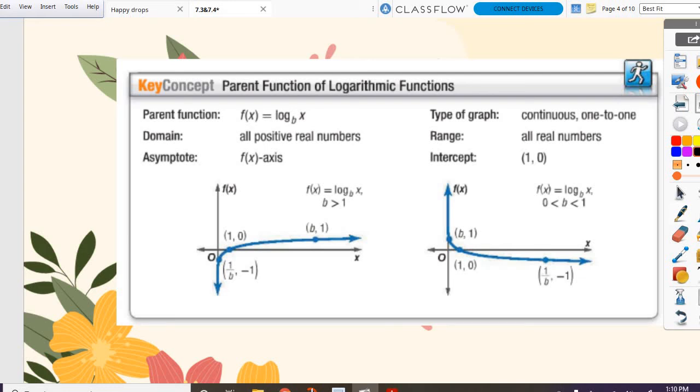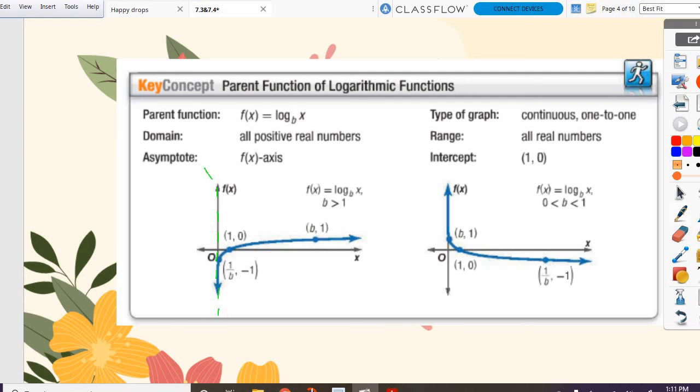Also realize that for our exponentials, remember that we had an asymptote on our x-axis. But now, because our logarithm is the inverse, we've switched all of our x's and y's, which means that we've also switched our asymptote to being on our y-axis.